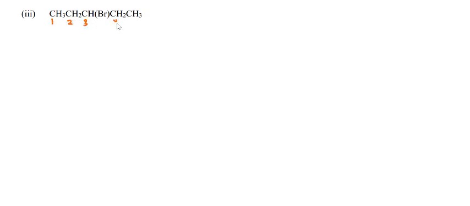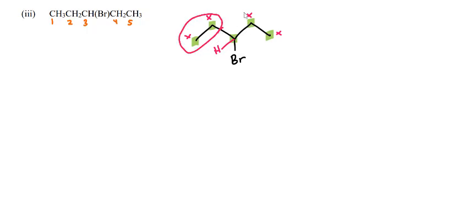For the third structure, again I'm going to convert this structure into skeletal form. 1, 2, 3, 4, 5 carbons, and on the third carbon we have one Br. These are all sp3 carbons. But the ends have 3 hydrogens, 2 hydrogens, 2 hydrogens, 3 hydrogens, so they are not chiral carbons. For the middle one, we have 1 hydrogen and 1 Br, but the two sides are identical, CH2CH3 and CH2CH3.